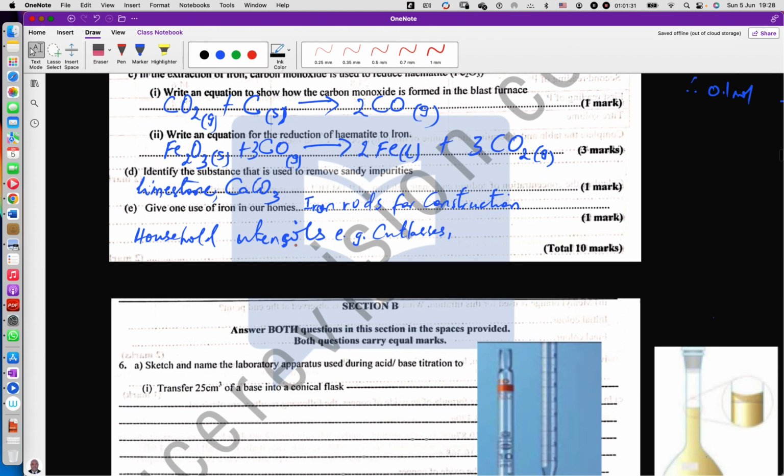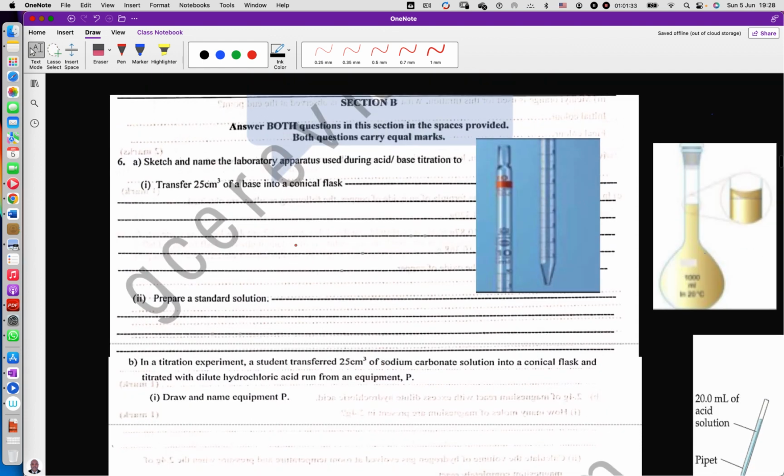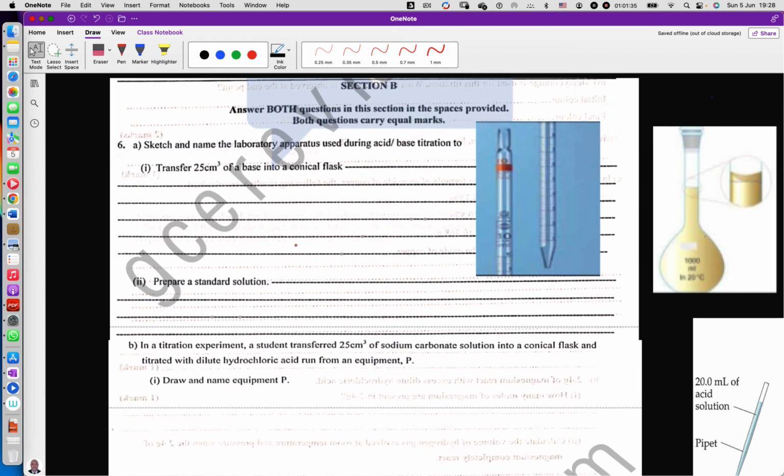Go to question number 6, the B part of it. Sketch and name the laboratory apparatus used during acid-base titration to transfer 25 cm cube of a base into a conical flask.